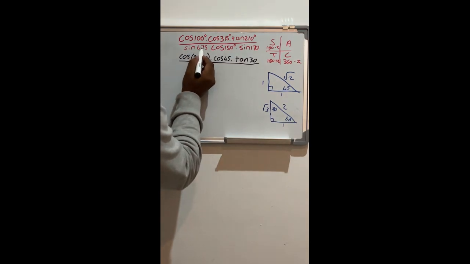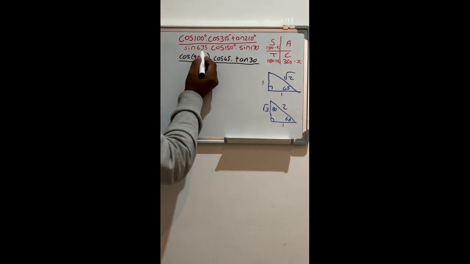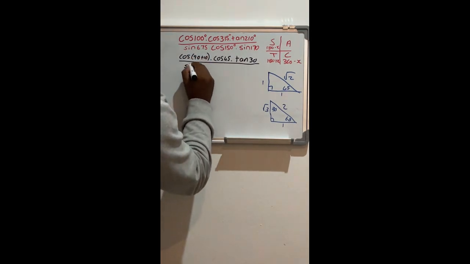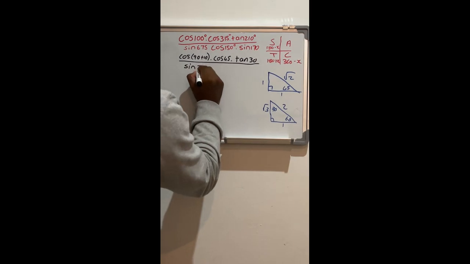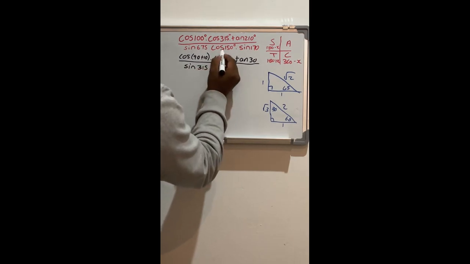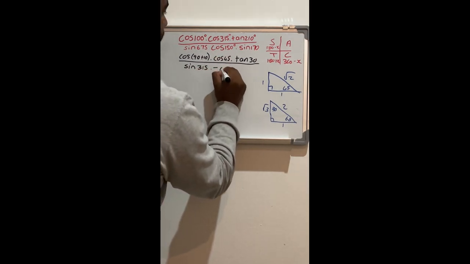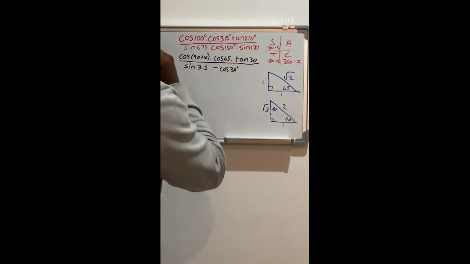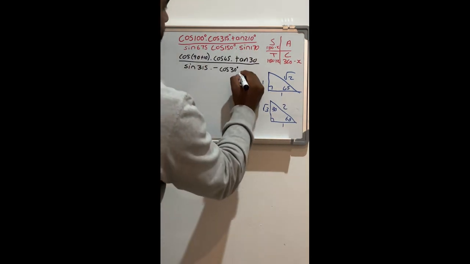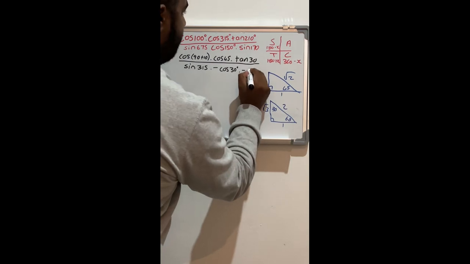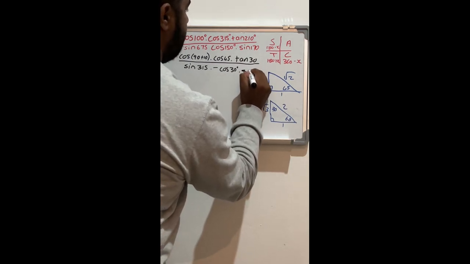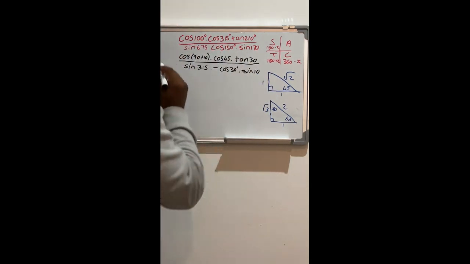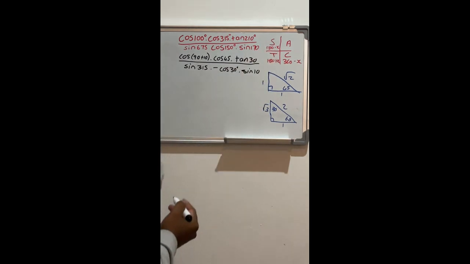so when it's more than 360, I always deduct 360 from that. So that will first be sin 350 degrees. So this can become negative cos 30. And then this can just become negative of just sin 10, because sin is positive in that quadrant.